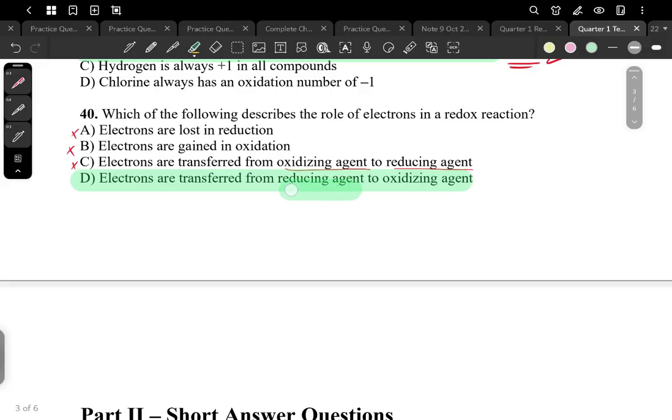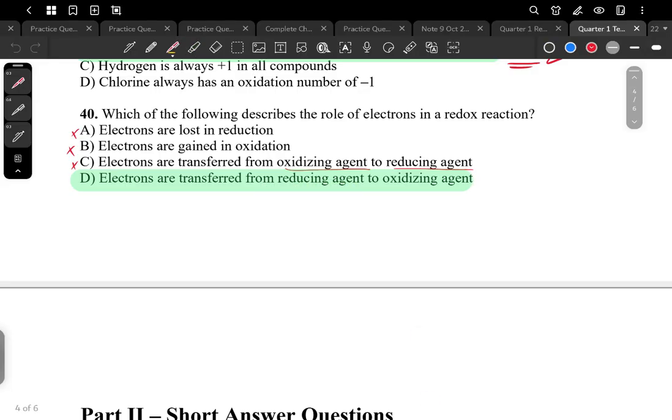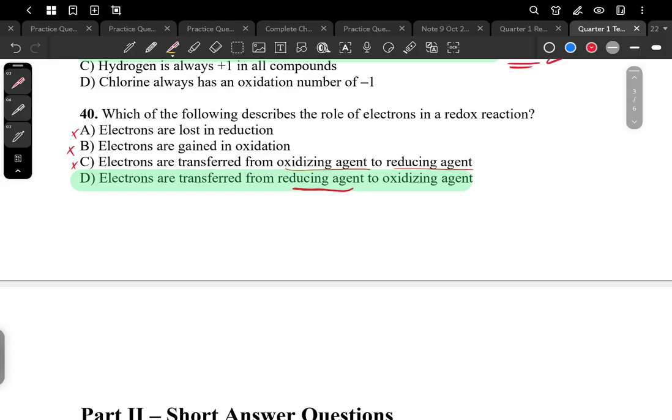Why? Because the reducing agent, guys, is the agent that is oxidized, right? And the one that is oxidized loses electrons, right? While the oxidizing agent is reduced, so it gains electrons, right?